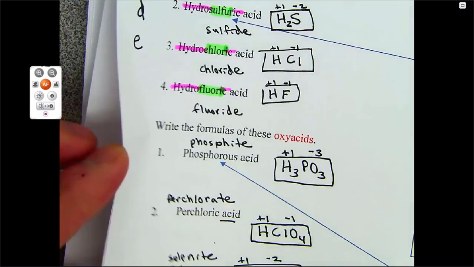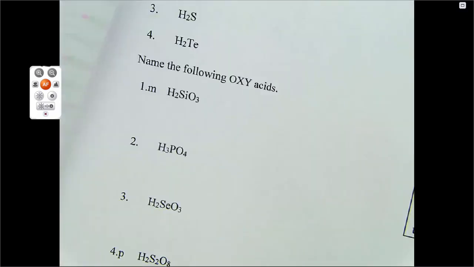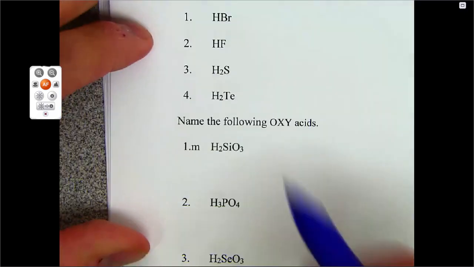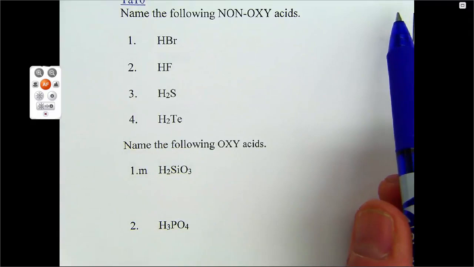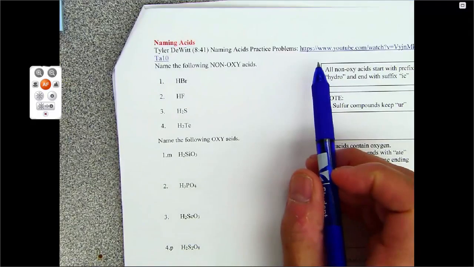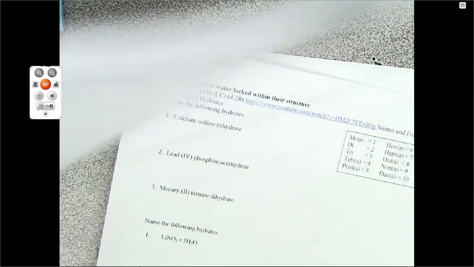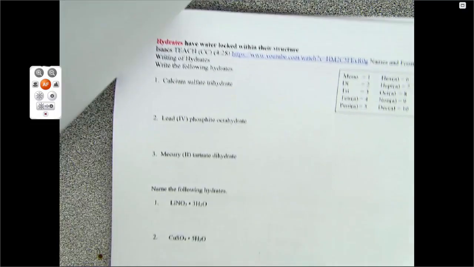Okay. So then, after you write these out, the next one is to name these. And Tyler DeWitt does a good job with this. I'm not going to do a recording for this. In fact, I am done recording. So look for the rest of this.